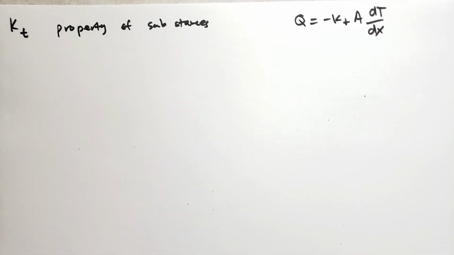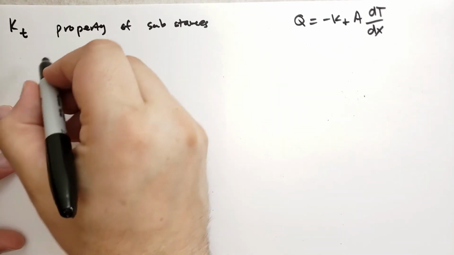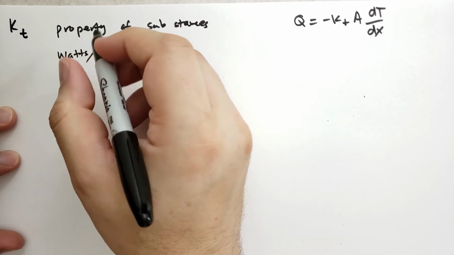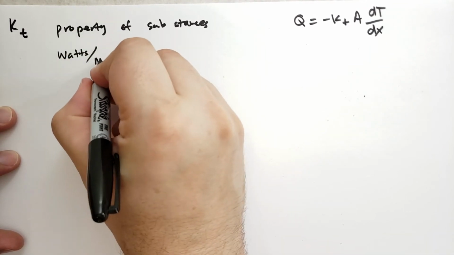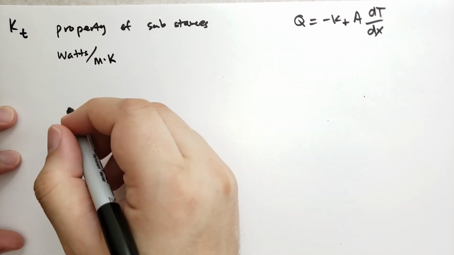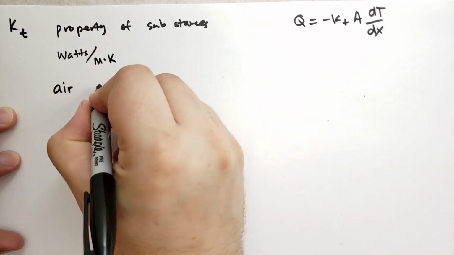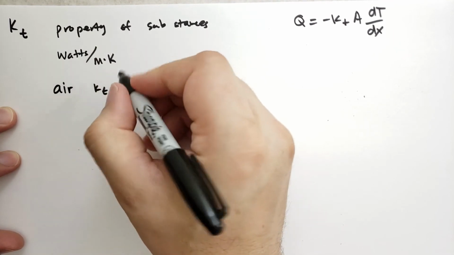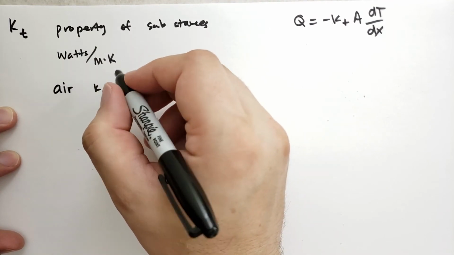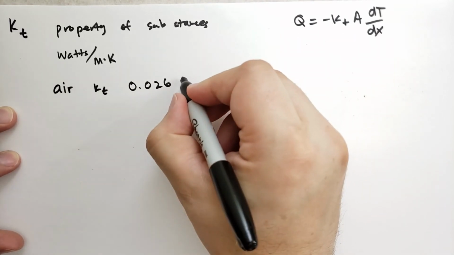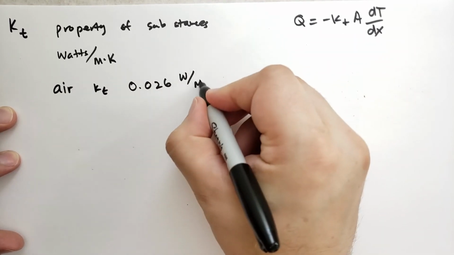Okay. The K_T values that you'll find will vary quite a bit. The units of K_T are watts per meter Kelvin. So air has a K_T of 0.2026, watts per meter Kelvin.